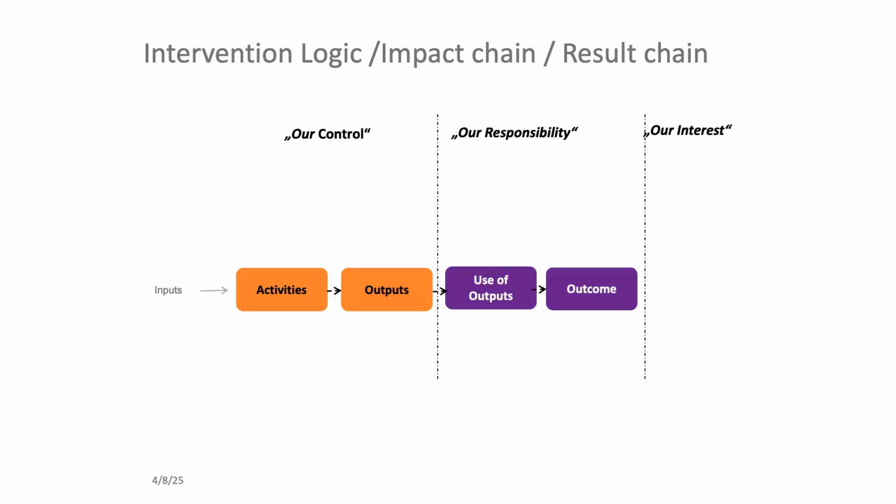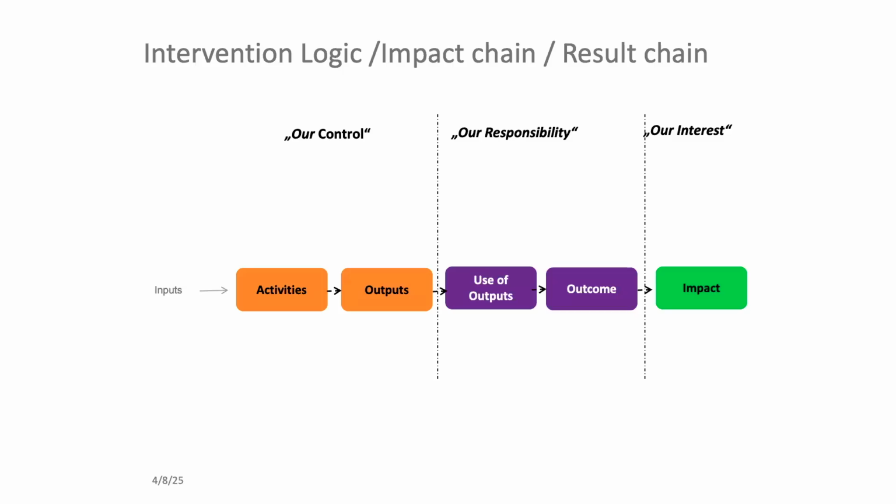Some other organizations call this outcome level, for example, also project objective. And there are also other terms. And the sphere of our interest, which we call in our example impact level, other organizations call it, for example, goal.